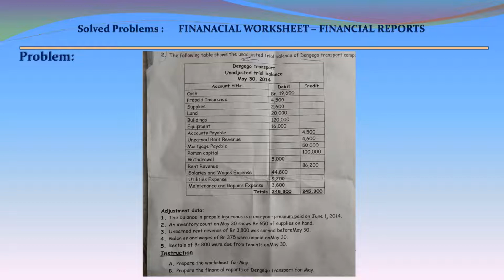Account title, debit, credit. Cash 19,600, prepaid insurance 4,500, supplies 2,600, land 20,000, buildings 120,000, equipment 16,000, accounts payable 4,500 credit, unearned rent revenue 4,600 credit, mortgage payable 50,000 credit, Roman capital 100,000 credit, withdrawal 5,000 debit, rent revenue 86,200 credit, salaries and wages expense 44,800 debit, utilities expense 9,200 debit, maintenance and repairs expense 3,600 debit.